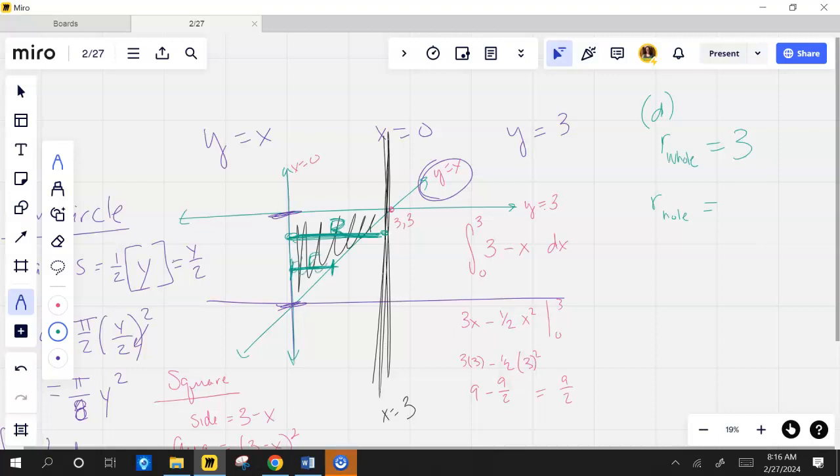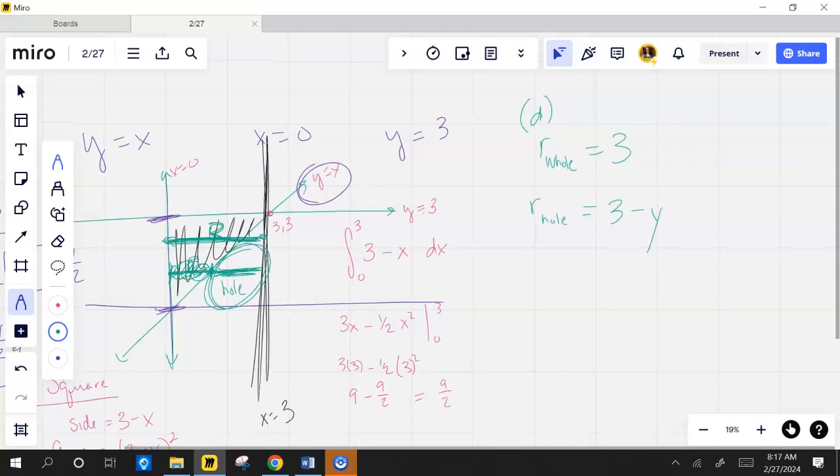This, not this, this is my whole part. That's what I need to take away, right? Does that make sense? Not this. This is what I need to take away. If I take the whole thing and then I subtract out what I don't want. Okay, so the whole is your 3 minus y this time, because I'm going around this way. Right?